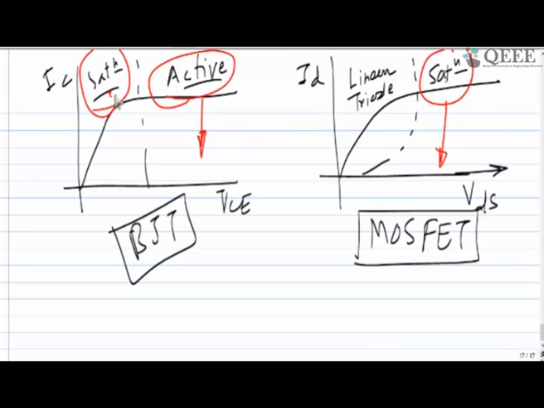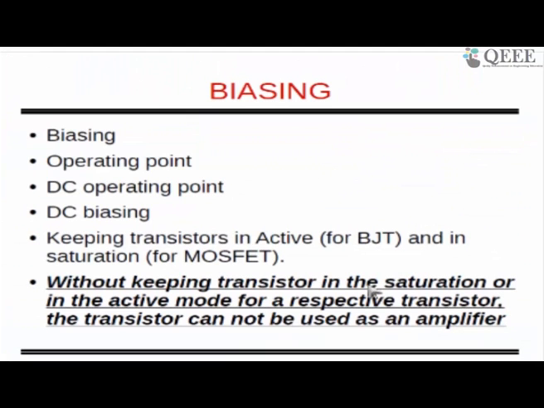But this is confusing. Look at this saturation and this saturation. Both are swapped. So keep in mind that it's very important, but those terminologies have been swapped. If you want to use your BJT in amplification mode, then you have to keep the transistor in the given region of operation.